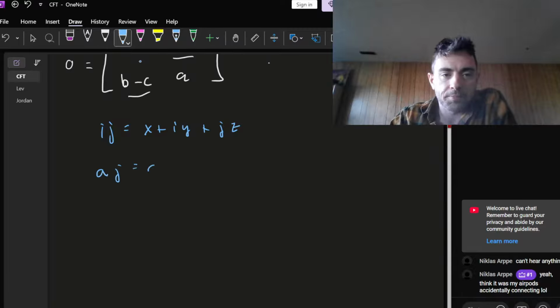Hang on. So it should be x is minus a z inverse y. Yeah, and y is minus x z inverse, and z is a z inverse.